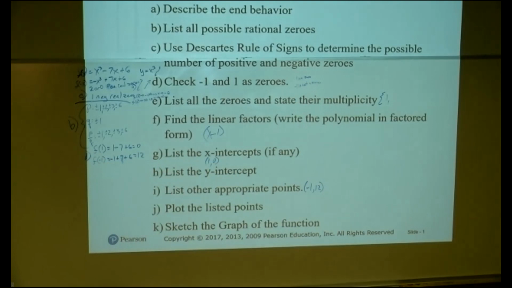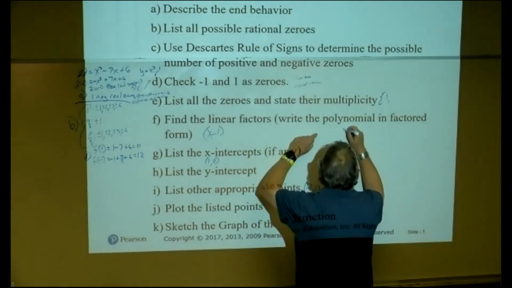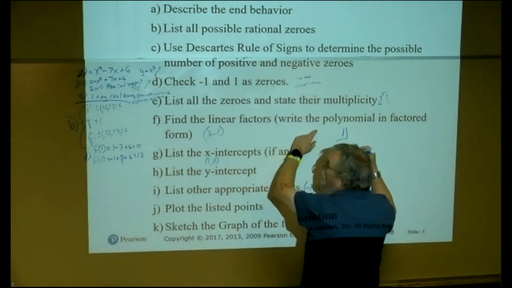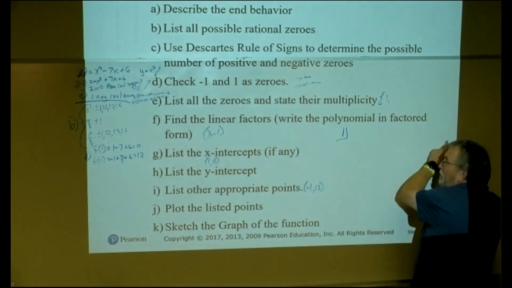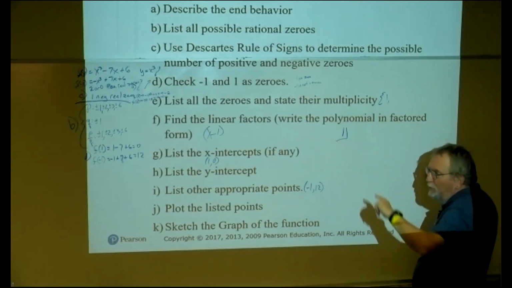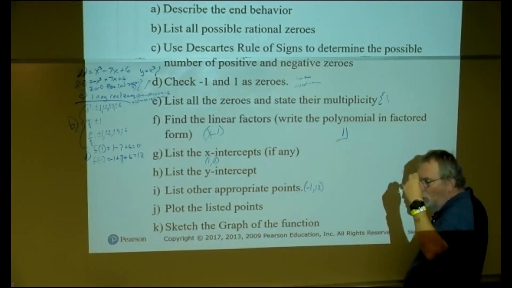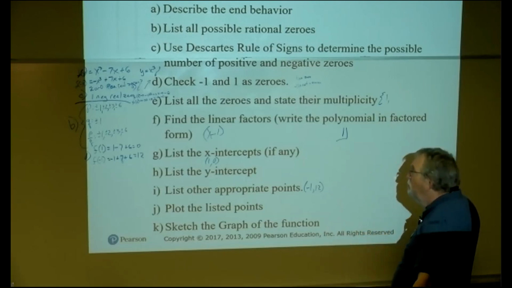Now, listing the zeros, we already found 1 zero, so I'm going to do synthetic division with that 1. Now I need all the coefficients. One of the terms is missing, so its coefficient is 0.